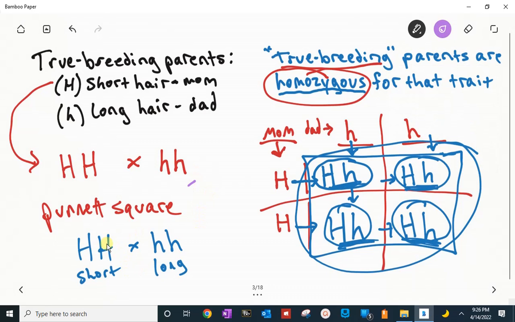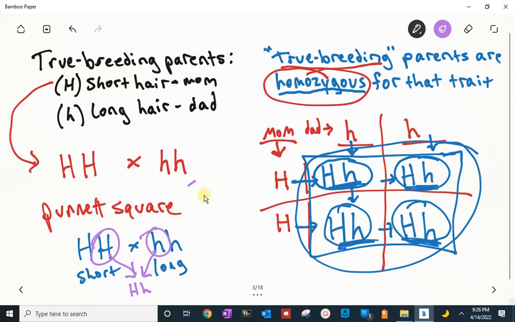Because when the mom and dad get together to have a child, the mom and the dad are each going to donate one of their alleles to the baby. So now the baby is going to have a capital H and a lowercase h.